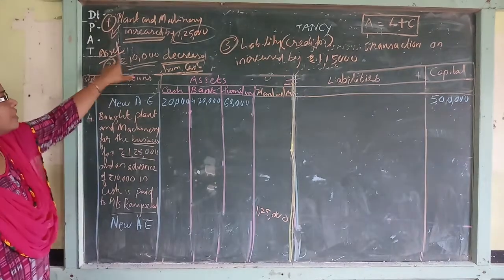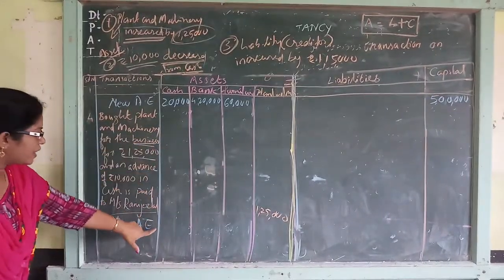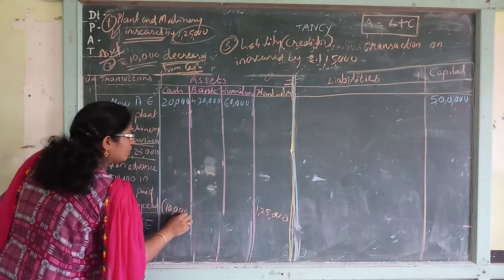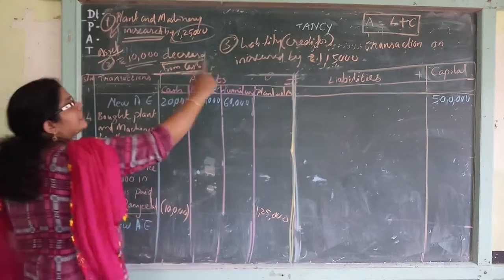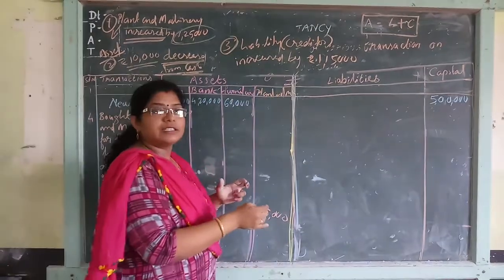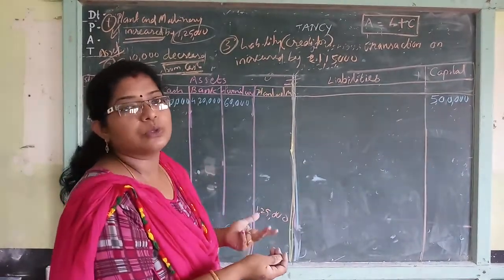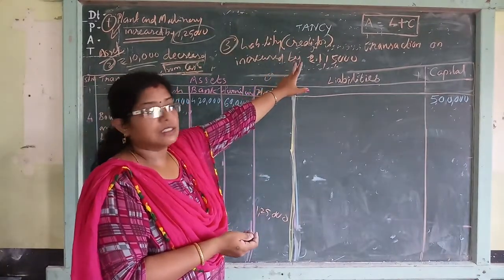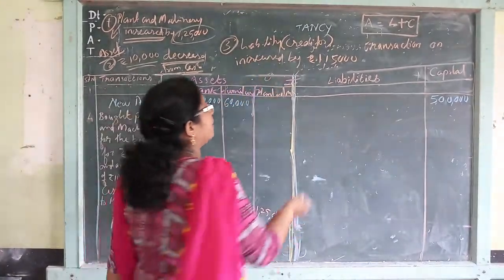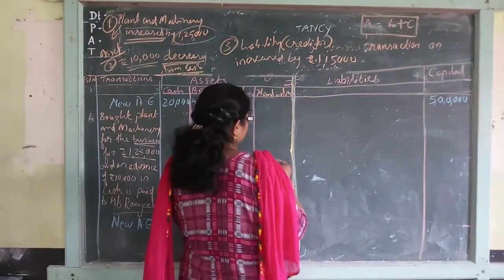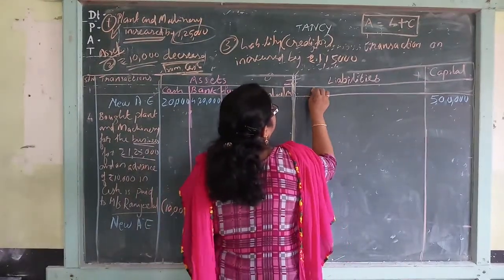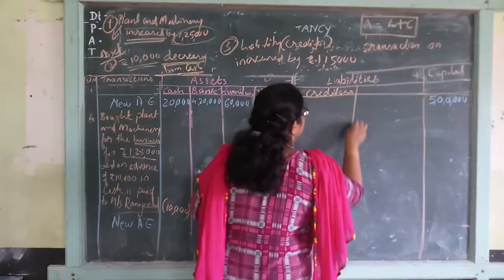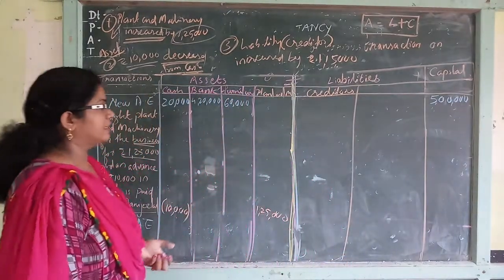So from the cash column minus 10,000, put it in brackets. And the third effect is one liability, balance payable to Messrs. Ramjilal. In such a case Messrs. Ramjilal is a creditor. So a new liability. The name of the liability is creditors. So I am making one column here, creditors.